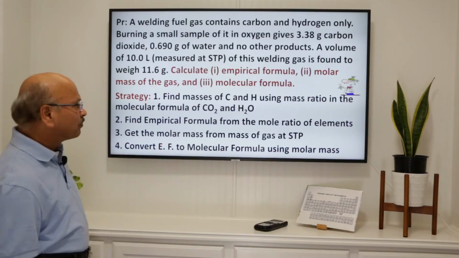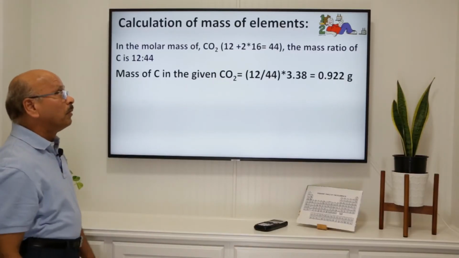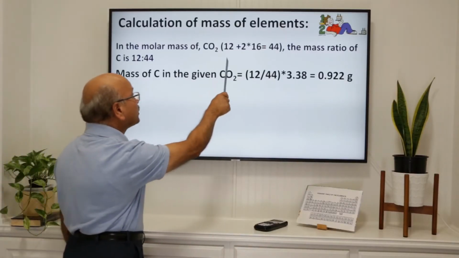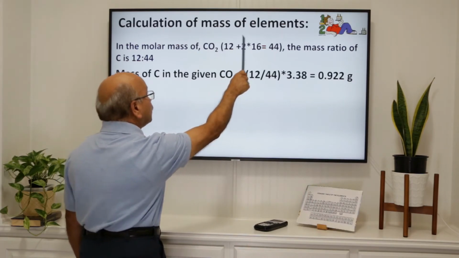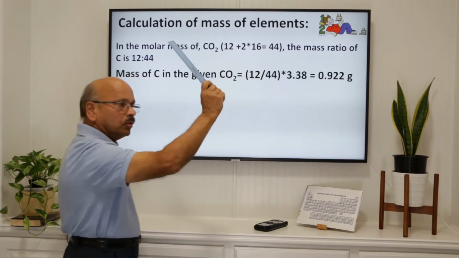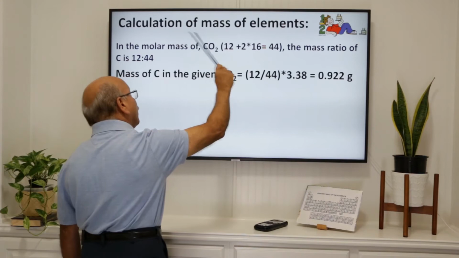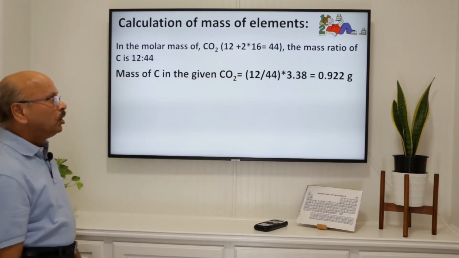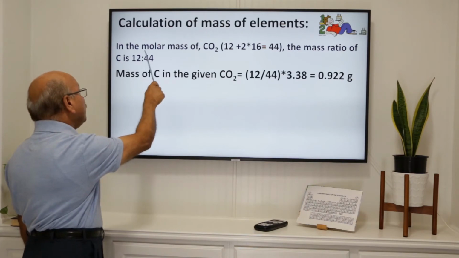Let's go one by one. Let's find out the masses of the elements, carbon and hydrogen. If you look at the molar mass of carbon dioxide, we have 12 for carbon and 2 times 16 for oxygen. Add them together, we get 44. Out of 44, 12 is for carbon. So the ratio of carbon to the compound is 12 is to 44.